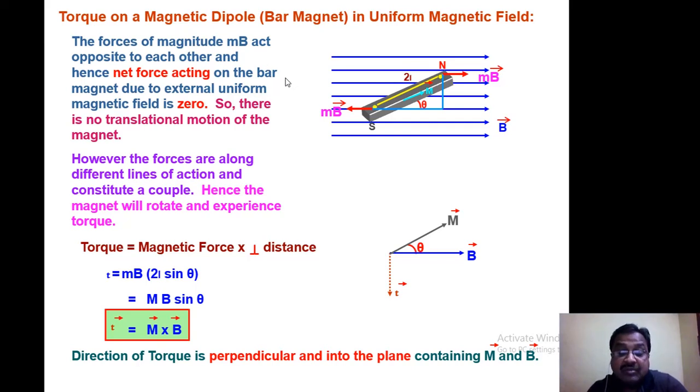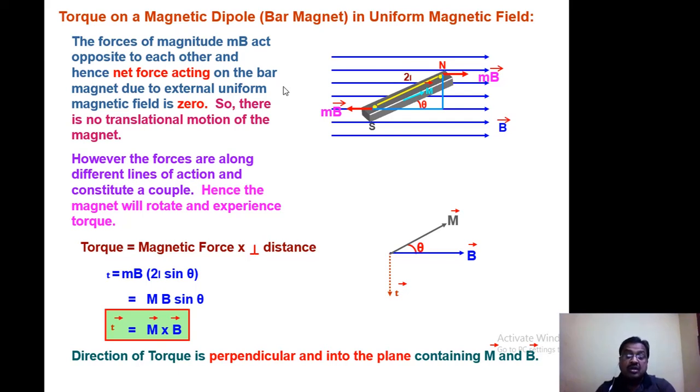Therefore, torque is given by M B sin theta, and vectorially, vector T will be equal to vector M cross vector B, as is clear in figure 2. You see theta is the angle between vector M and vector B, and torque will be perpendicular to the plane containing M and B as per the cross product rule. So you can know the direction of this torque.